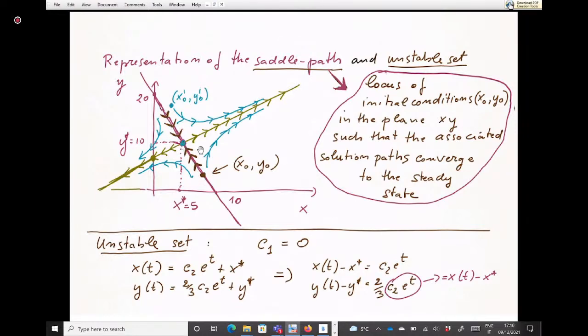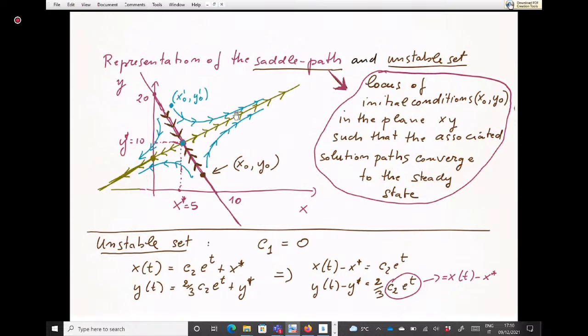This is a qualitative diagram similar to the one-dimensional diagrams for one-dimensional systems in which we have the arrows of motion, okay? The arrows of motion are reminiscent of the existence of time that evolves, but we don't see functions of time here. We see y as a function of x. Basically, the two variables will move along the saddle path and they will converge to the steady state.